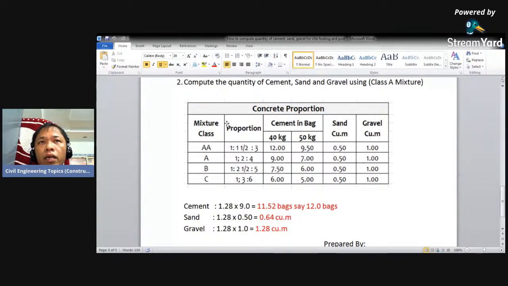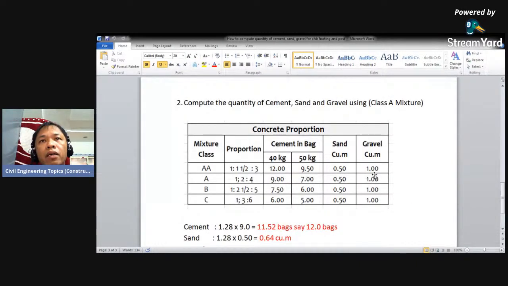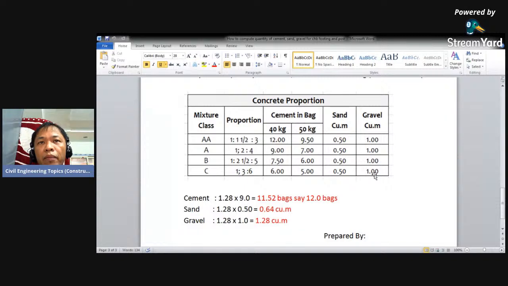So this is only an example. It's up to you if you will use class B or class C. The multiplier is already there in that table. Okay, so we need to know how to estimate. This is only a basic estimation.